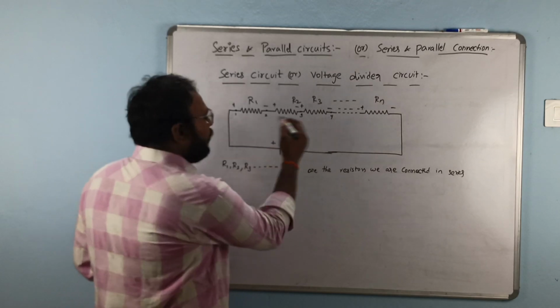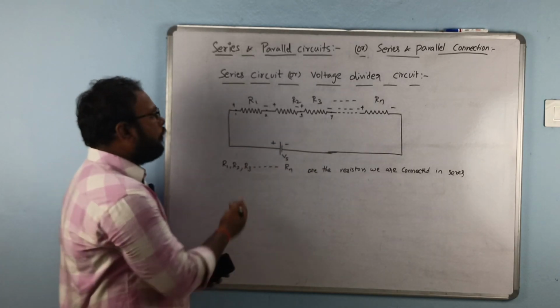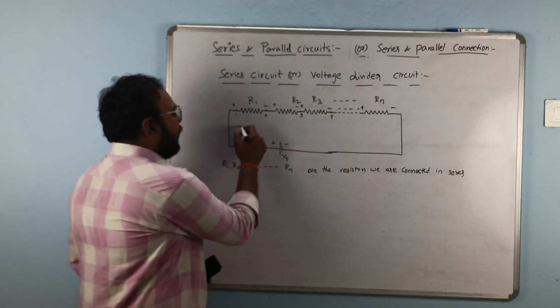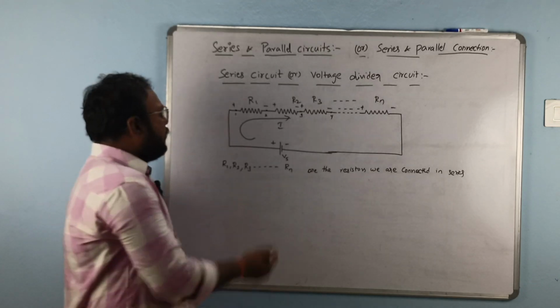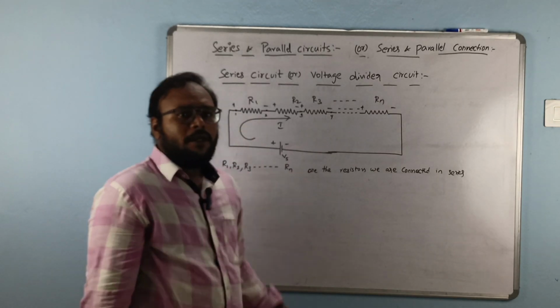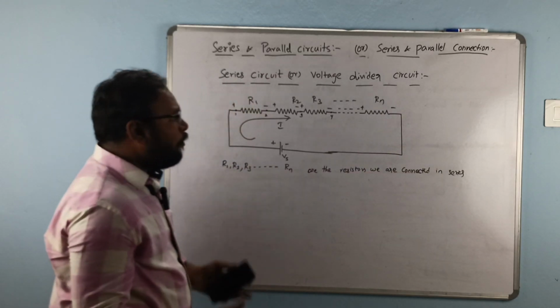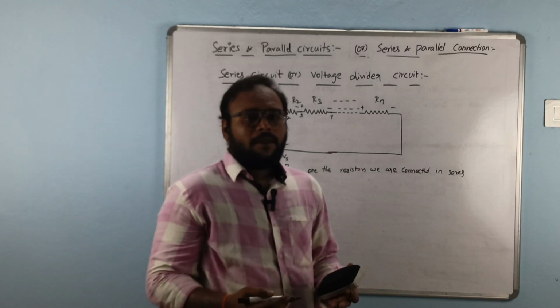According to Ohm's law, how can we write the voltage equations for this? If a current I is flowing, resistance R1 has a voltage drop, resistance R2 has a voltage drop, and resistance R3 has a voltage drop. Before going further, you need to know two more things.